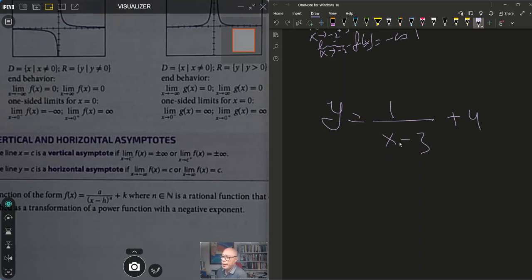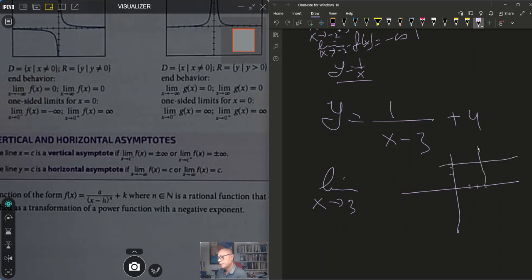So when x is going to 3, you know that the parent is like this, and this one would be the parent moved to the right 3 and moved up 4. So this is equal 3, this is equal 4.